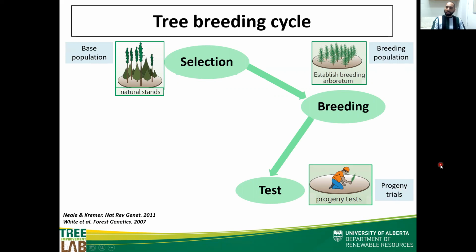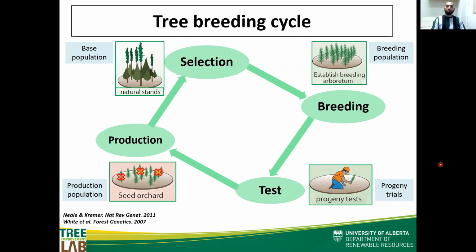After testing, we select the best families and the best parents to establish the production population, which is called seed orchards. After the production, we can continue our cycle for a second or third generation of orchards, and the goal is to maintain a balance between the genetic gain and to ensure diversity.